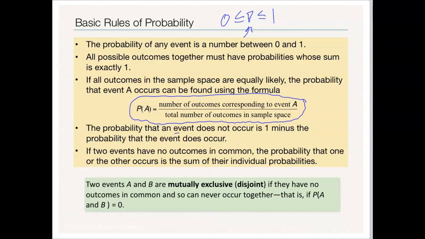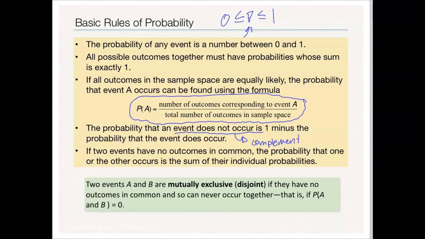The probability that an event does not occur, we call that the complement. It is 1 minus the probability that the event does occur.